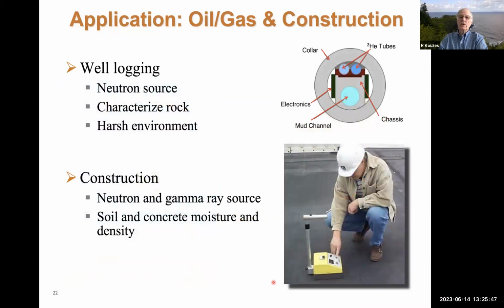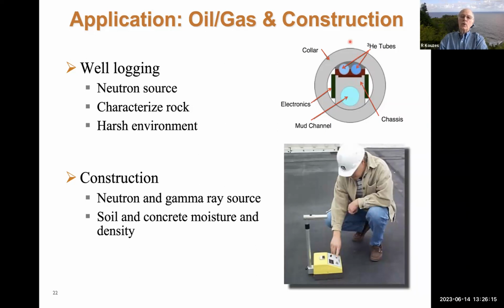The next type of application is for oil and gas exploration. There's a process called well logging where radiation sources are placed down into wells that are being drilled to look for the presence of gas and oil. So in this type of example, there's a neutron source and some helium-3 neutron detectors that are put into this collar that's slipped down into a well that's being drilled.